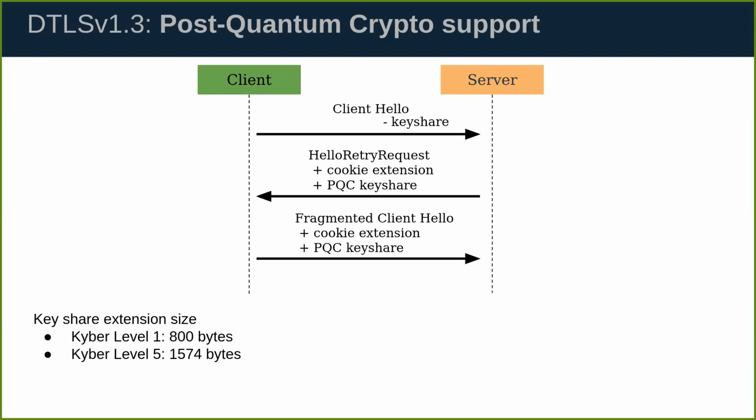Once it enters stateful processing, the server can now store and process the remaining fragments of the client hello message. So this is how we've solved the issue of fragmenting the initial client hello, but not exposing public DTLS servers to DDoS attacks or resource exhaustion attacks. And then obviously after sending the fragmented client hello, the rest of the handshake can continue as normal.